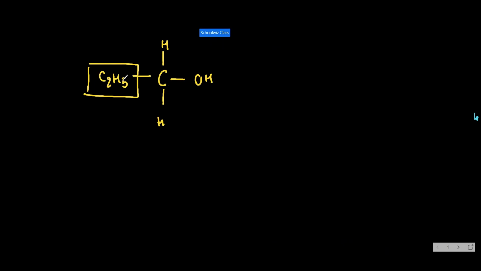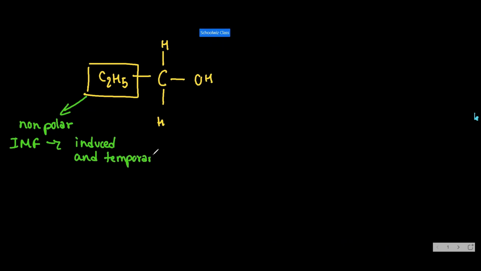They don't have much of an electronegativity difference, which makes them less polar and more of a nonpolar chemical. And in the carbon-hydrogen region, since it's nonpolar, most of its intermolecular forces of attraction are induced and temporary dipoles, all right?